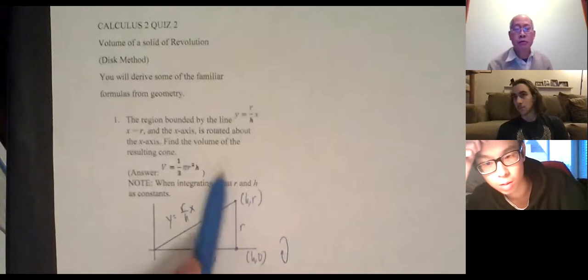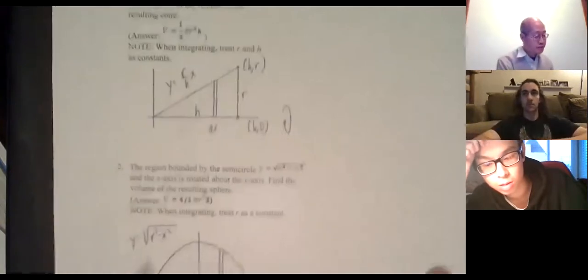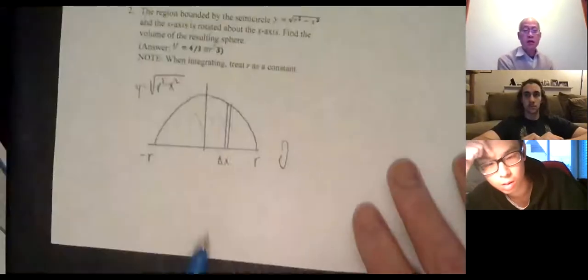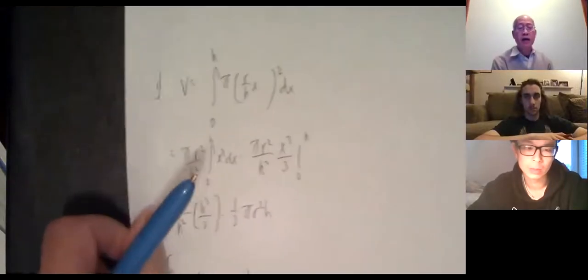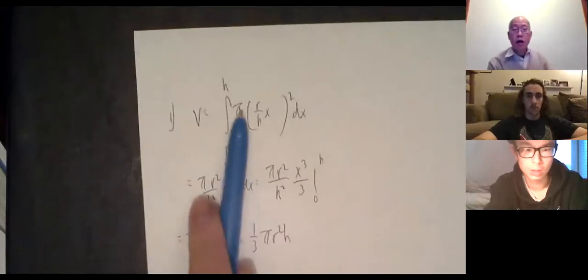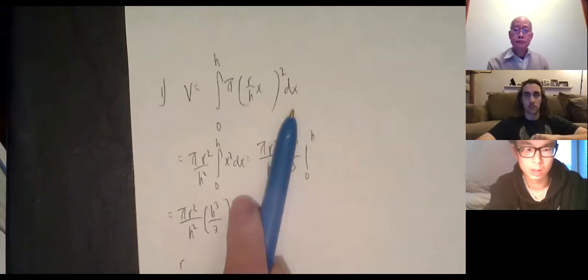And the key thing to remember when you're integrating is r and h are constants. And over here, r is a constant, right? So for the actual work, you're just integrating pi r squared. So the integral from 0 to h of pi (r over h x) quantity squared dx.